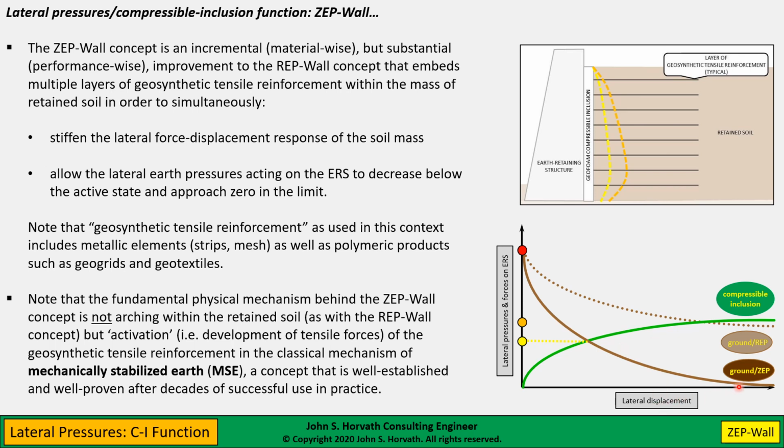So the ZEP wall application is interesting because we control both of these responses. So really, depending on how soft we make the compressible inclusion, how stiff we make the reinforced ground, we can achieve some very, very significant lateral earth force reductions.